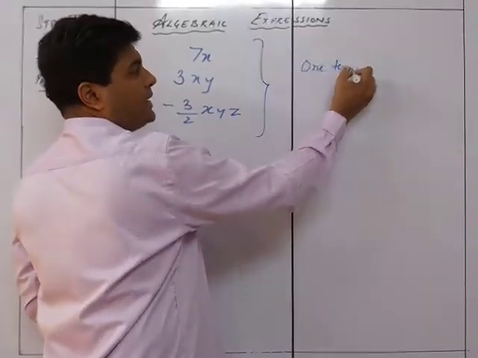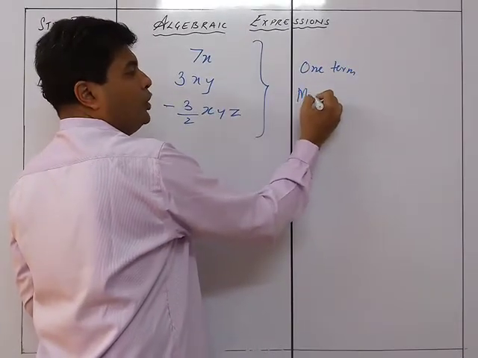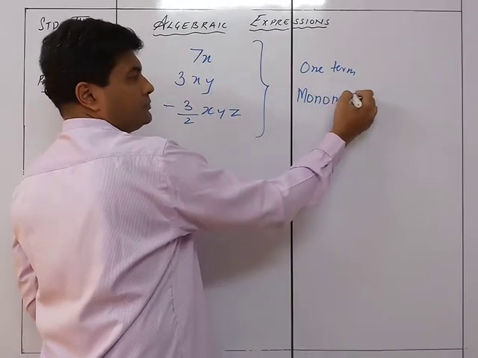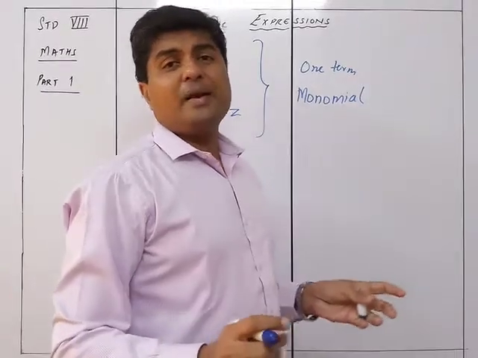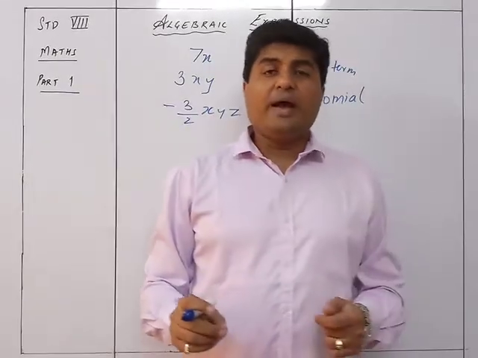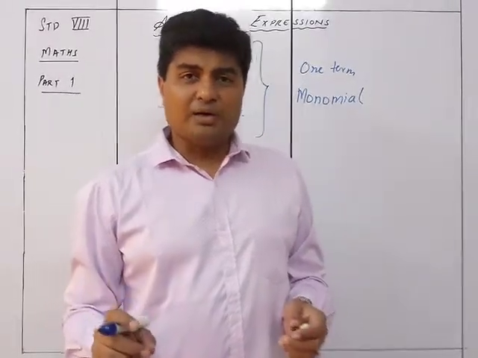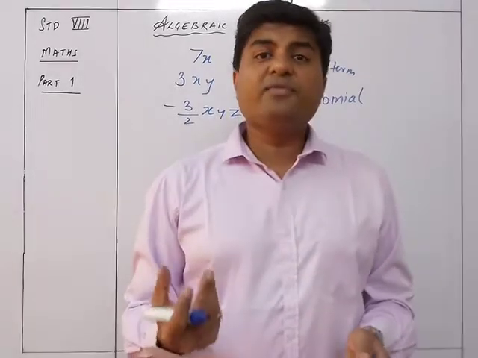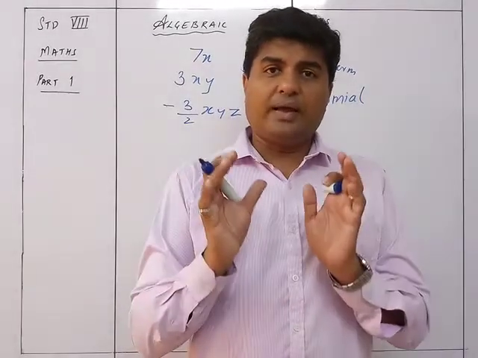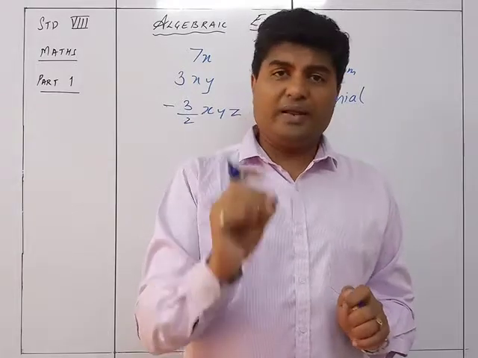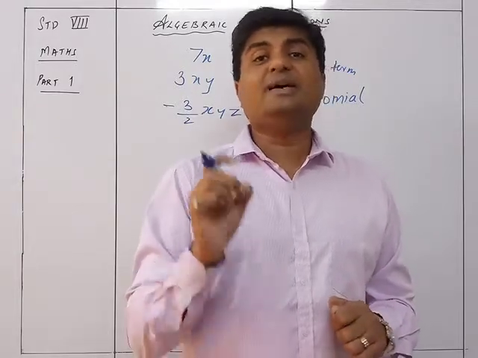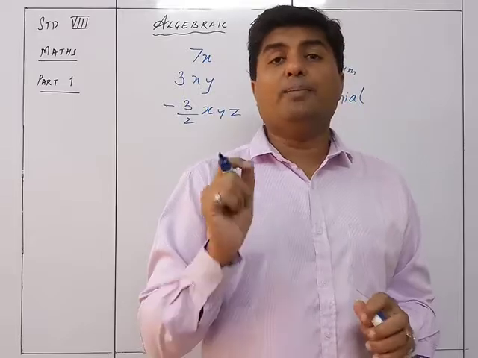So because they are one term, they are called as monomial. Okay. So if you have got multiple number of variables and you have got different numbers, positive or negative, if they combine together and they do not have any addition or subtraction sign in between them, then it is called as a single term or a monomial.